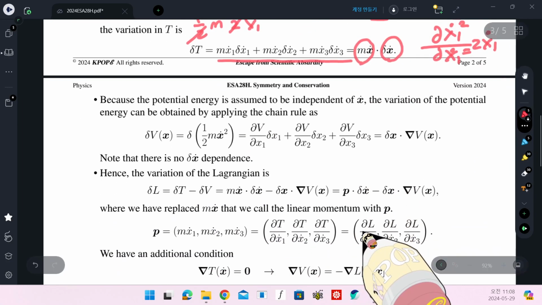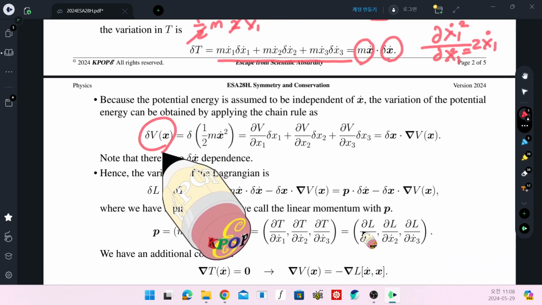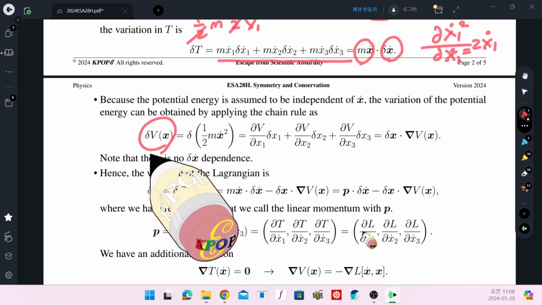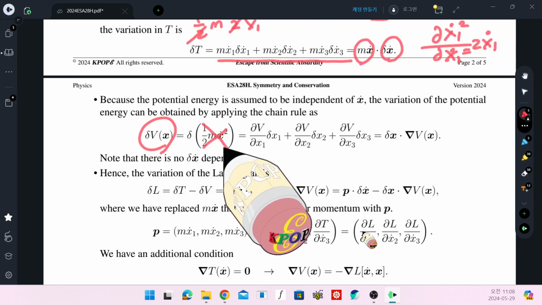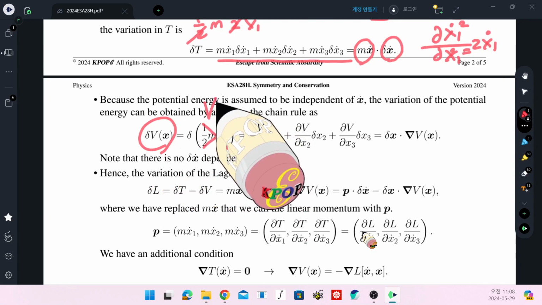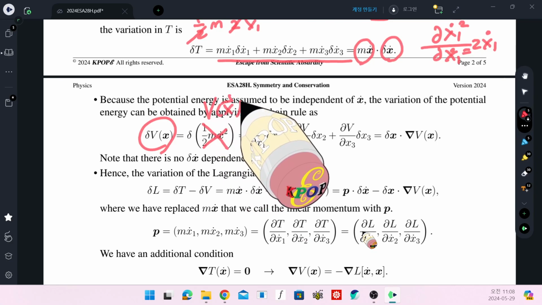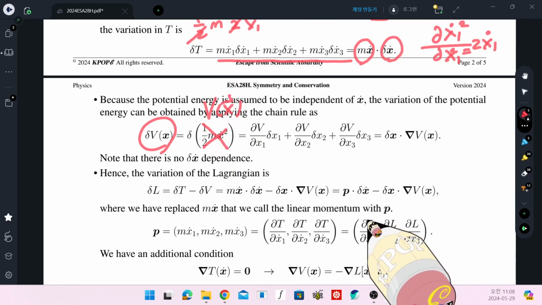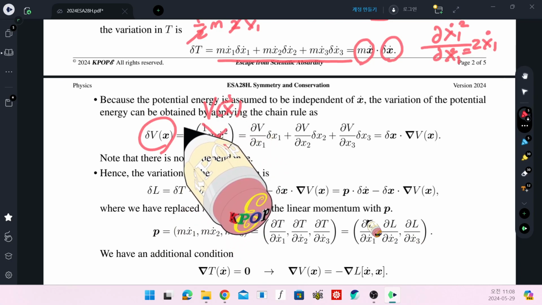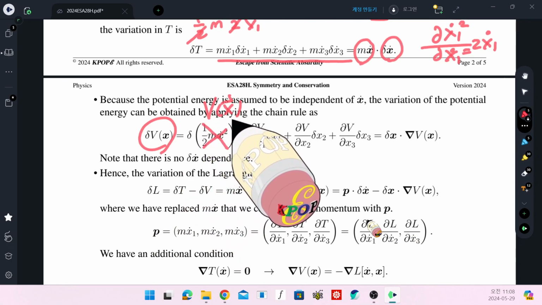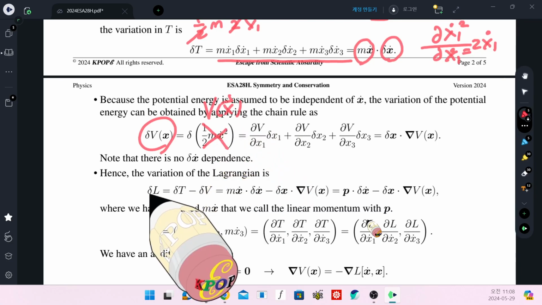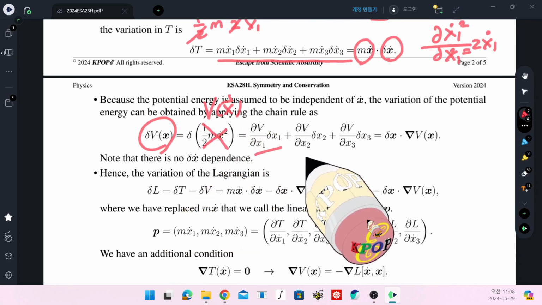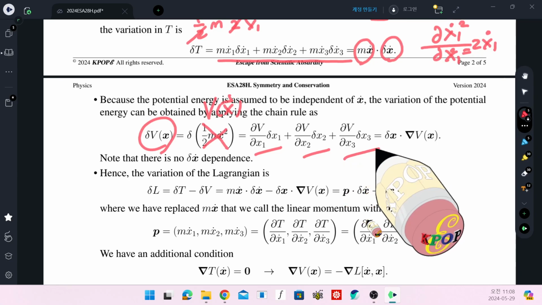We can do the same job for the variation of the potential energy. This is not 1/2 mv squared. This is a potential energy. So, in a similar manner, the variation for this potential energy, in case the potential energy is independent of velocity, it should be evaluated in such a manner by applying the chain rule.